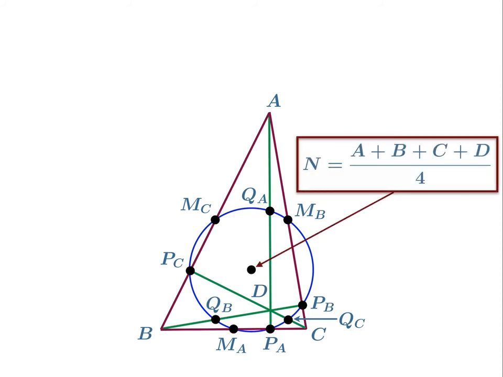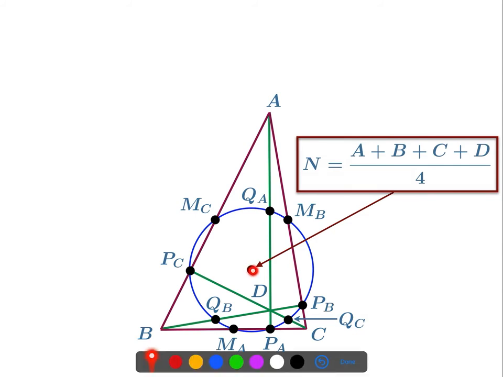Let me also put in the point N here. N is where we want to prove the center of the circle is. That requires a proof, but N will be then the average of the 4 points A, B, C, and D.